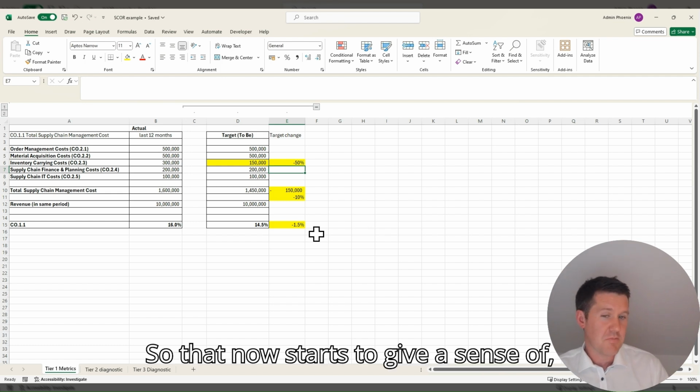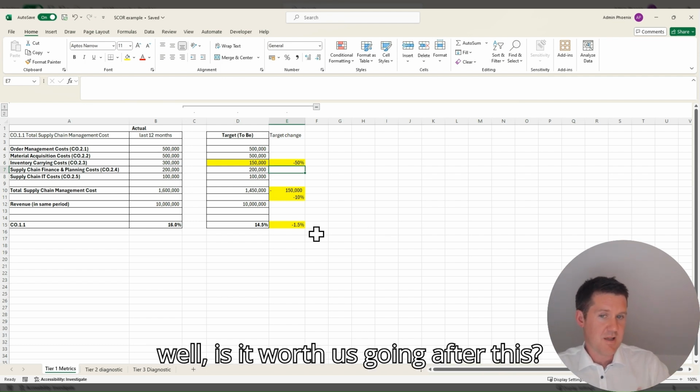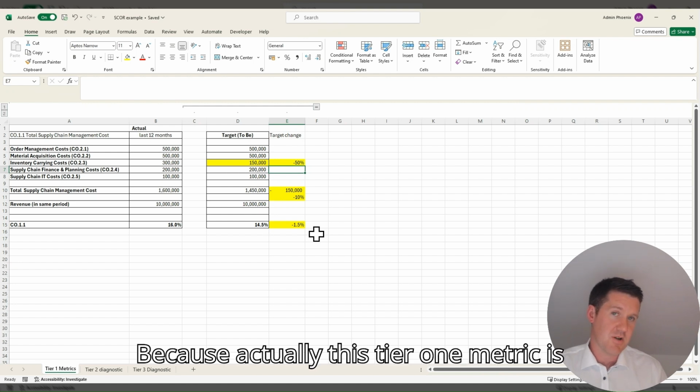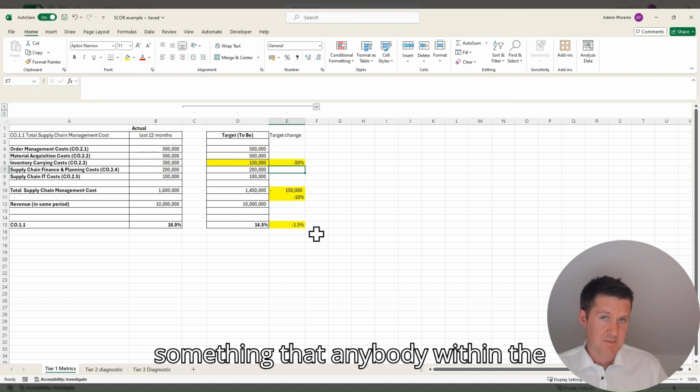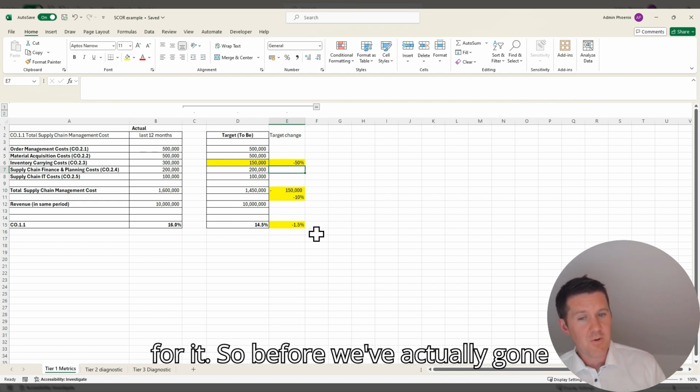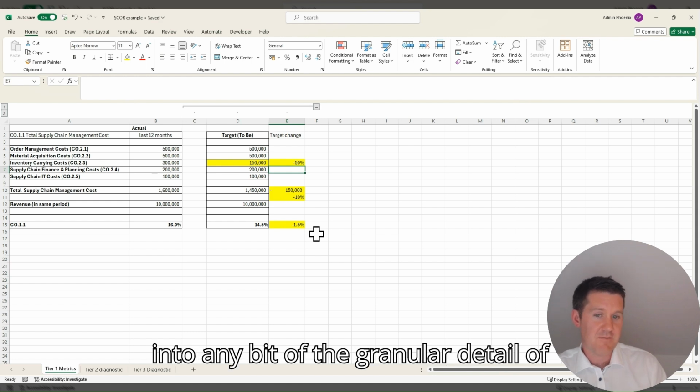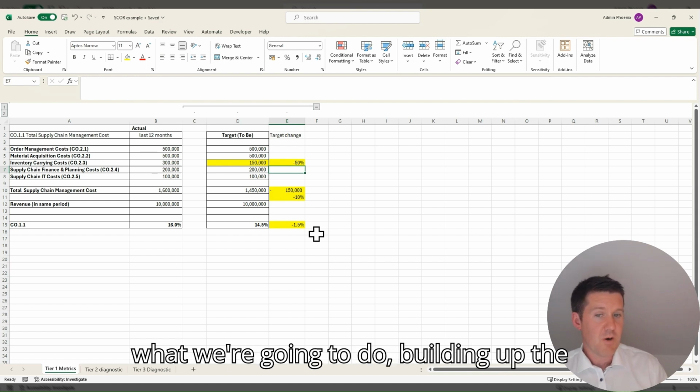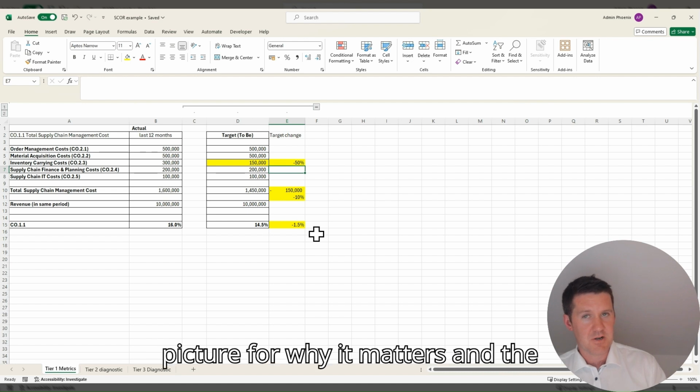So that now starts to give a sense of, well, is it worth us going after this? Because actually this tier one metric is something that anybody within the business will get and will get the reason for it. So before we've actually gone into any bit of the granular detail of what we're going to do, we're building up the picture for why it matters and the impact.